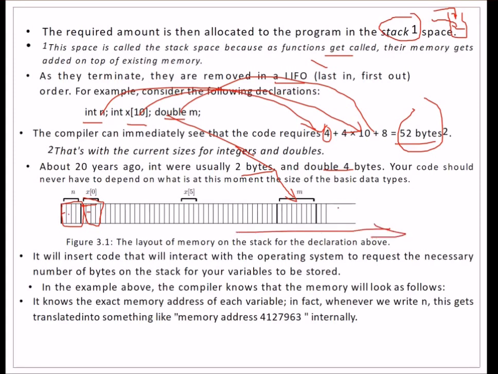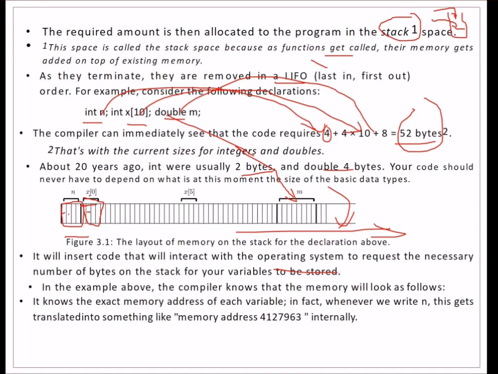Okay, and if you insert code that will interact with this OS to request a number of bytes on the stack for your variables, they will be stored here. In this example, the compiler knows the exact memory address of each variable because the sizes are kept.